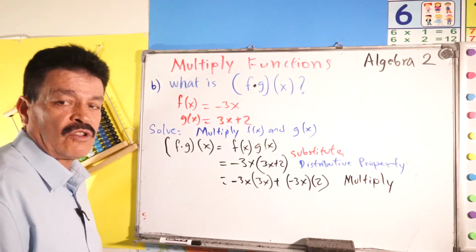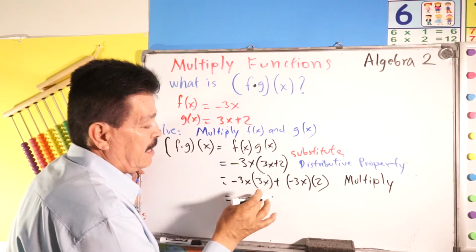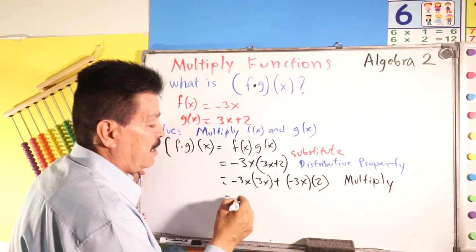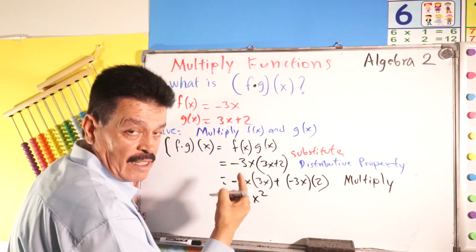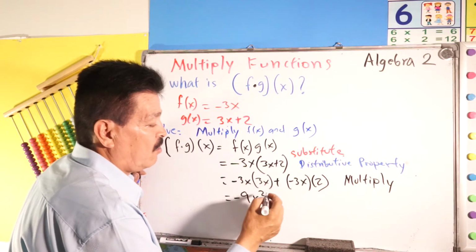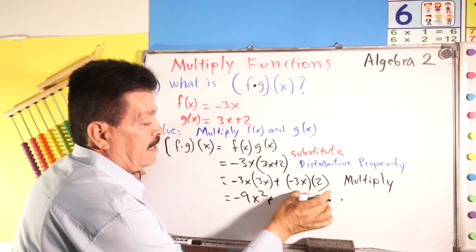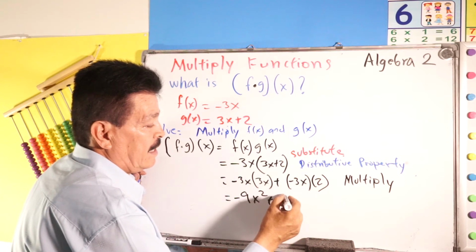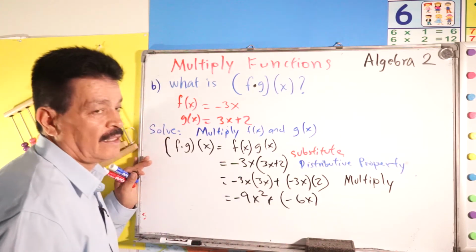You multiply those numbers, and we will have the first step: 3 times 3 is 9. Negative times positive is negative. Negative 9x to the second power. x times x equals x to the second power. Then plus negative 3x times 2 will be negative 6x. All right?